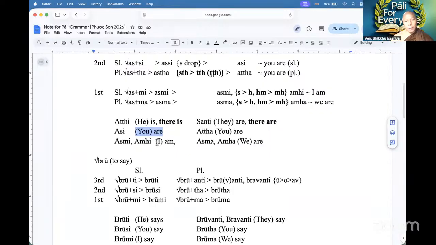And we also do not use there is I am or there are we. Only in the third person, ati and santi, the sense of there is can be understood. But bhavanti cannot be. Bhavanti is just to be. So purisa bhavanti, they are men, something like that. That is the difference between root bhavati and ati, and bhavanti and santi.